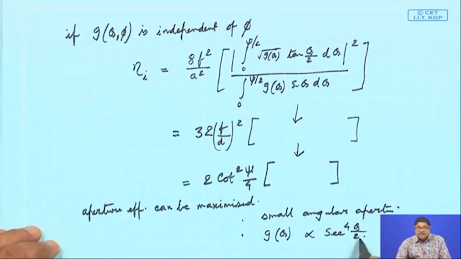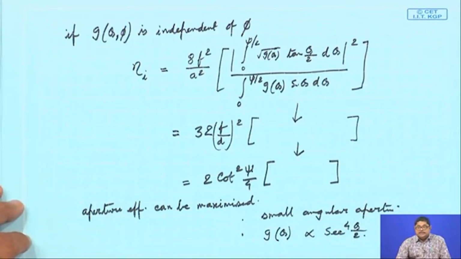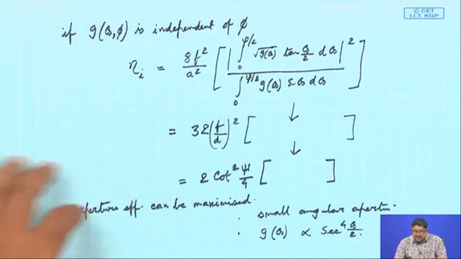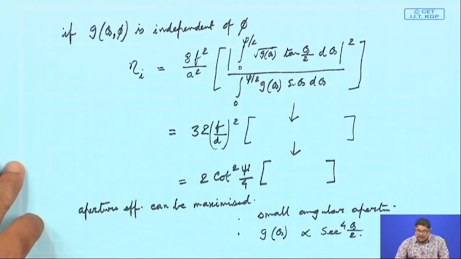But the problem is that if we take this choice, then the spillover increases, because that becomes a pattern which has much more radiation in the edges. So, that is why this illumination efficiency cannot be considered separately. Now we will have to find a function which can maximize this.